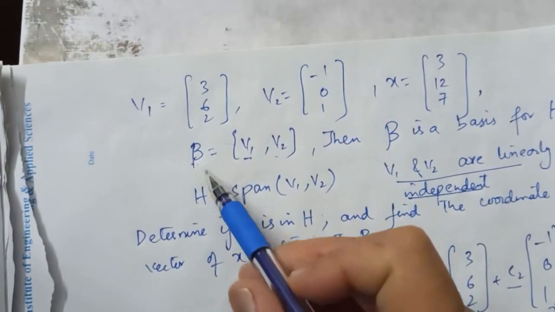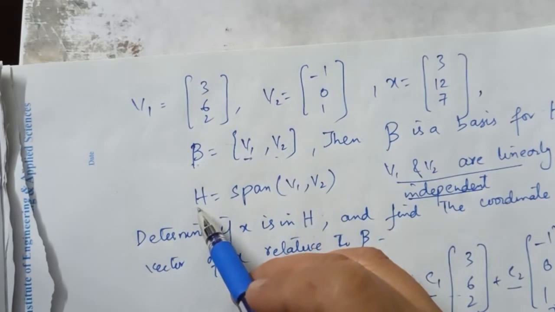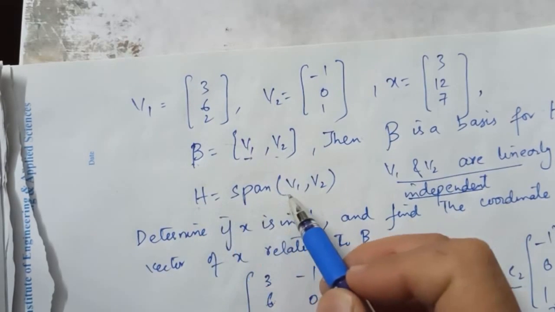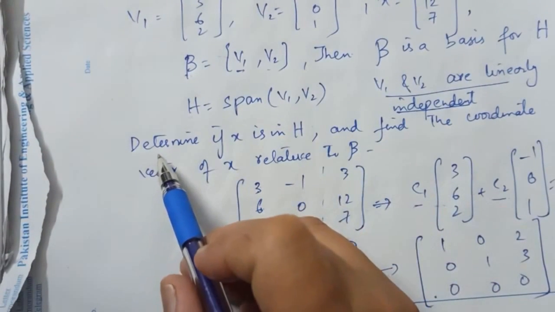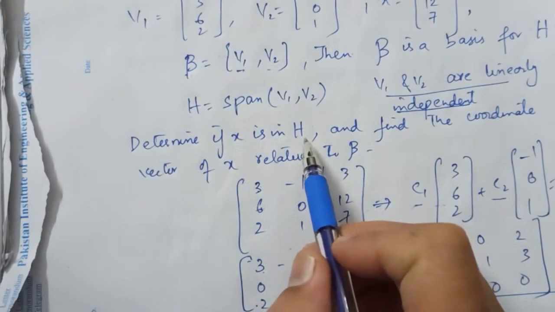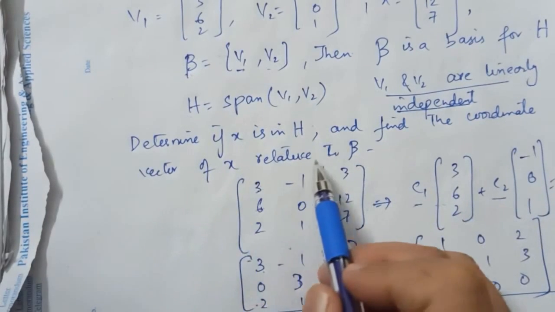So we know that if these are a linearly independent set, then the subspace H will be spanned by v1 and v2. Now we have to determine if x is in H first of all, and find the coordinate vector of x relative to B.